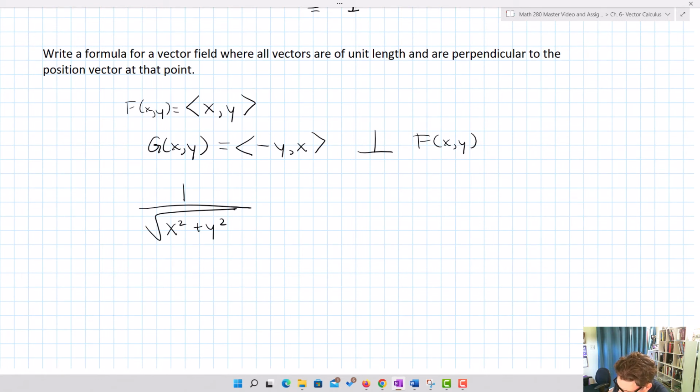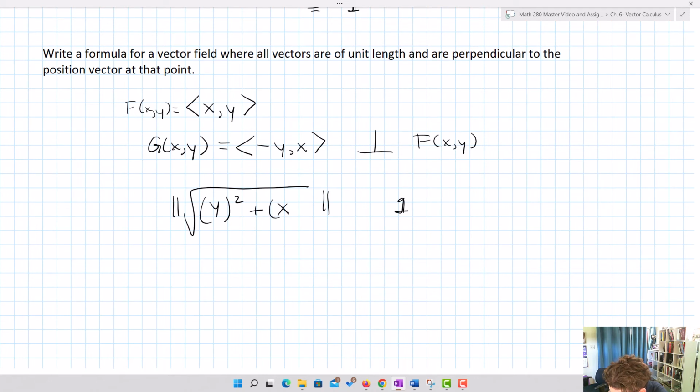In this case, because these are just x and y, why don't we do this? Let's take this, and we want to make it unit length. So we need the magnitude of this to be equal to 1. So that's the square root of, let's call it, negative y squared plus x squared.